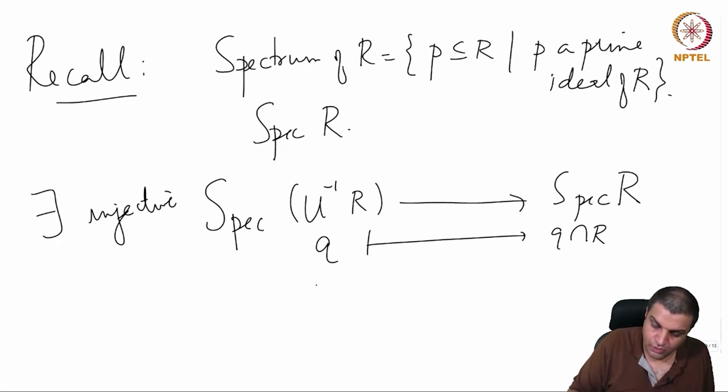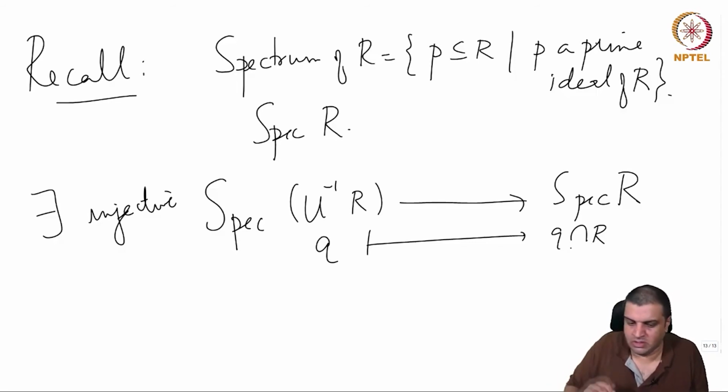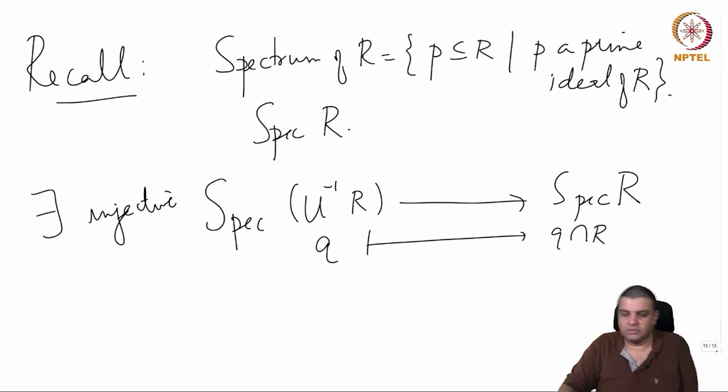And from the last part, if Q and Q prime are different, then the targets will also be different. So this is injective. This is one application. These sorts of observations have to do with giving a topology on the set spec R, which we will do soon.